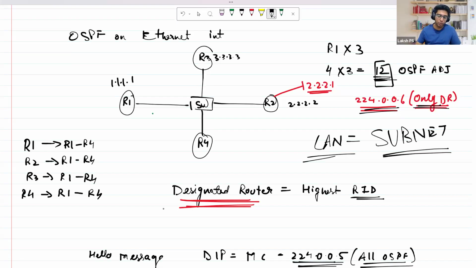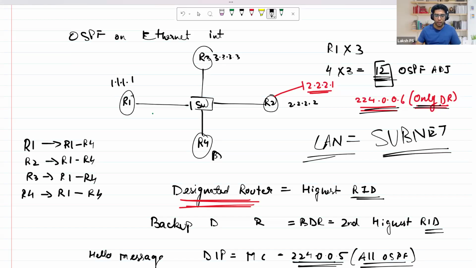So for this purpose, we created one more router called the backup designated router, or BDR, which is basically your second highest router ID. So in our scenario, R4 becomes your DR with 4.4.4.4 as the router ID, and R3, which is the second highest, becomes the BDR.